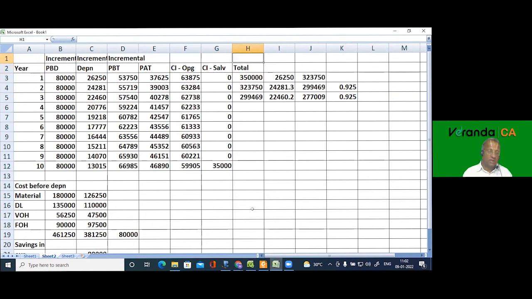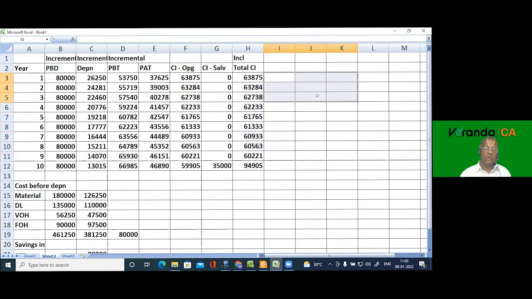That is the incremental total cash inflow. How do we arrive at it? It is nothing but cash inflow from operations plus salvage value. This is the way we will arrive at it. These are the things that we don't require.